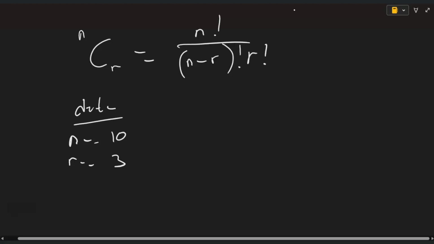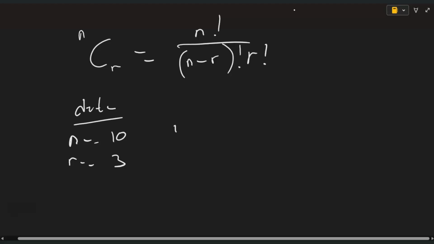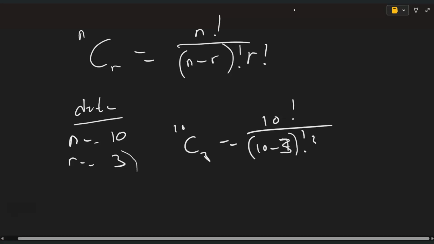Having these variables, we use our formula to replace. So we will have 10C3 equals 10 factorial divided by open brackets 10 minus 7 factorial, and, okay, here it's 3, right? r is 3.